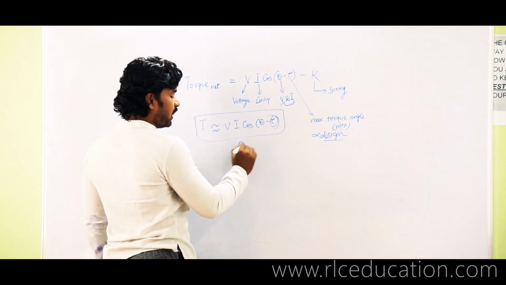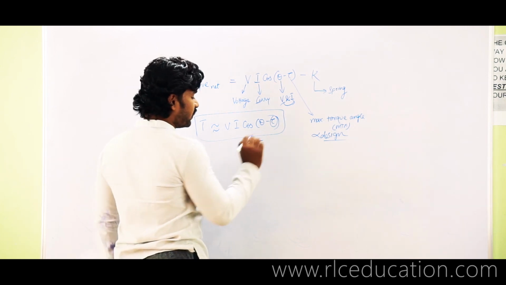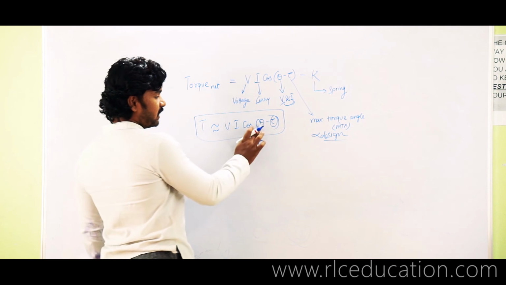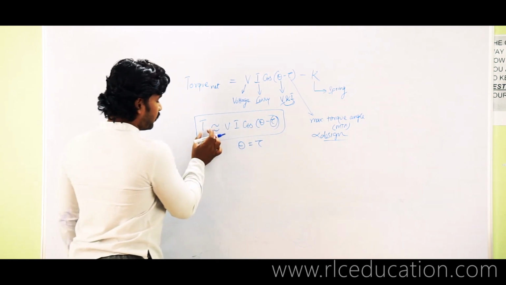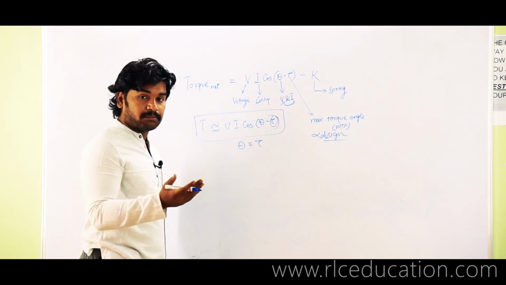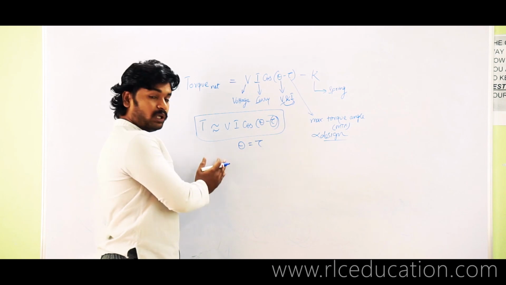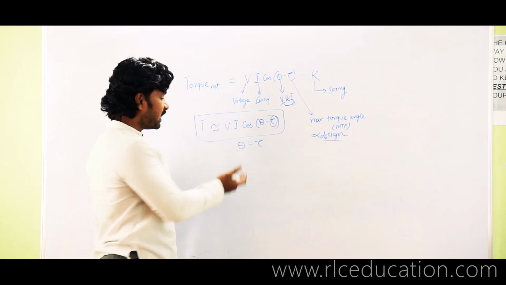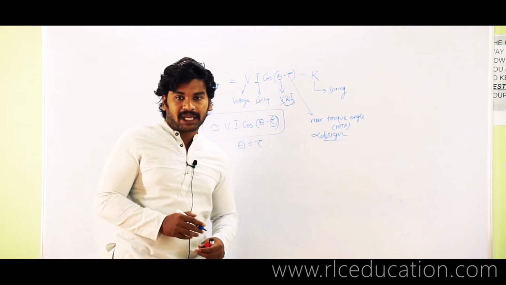If theta is equal to tau, it becomes cos 0. What is cos 0? Equal to 1. That means the torque produced is maximum. So tau is the angle that should be between voltage and current. If that condition is satisfied, then the maximum torque will be produced. Therefore it is called MTA, maximum torque angle.